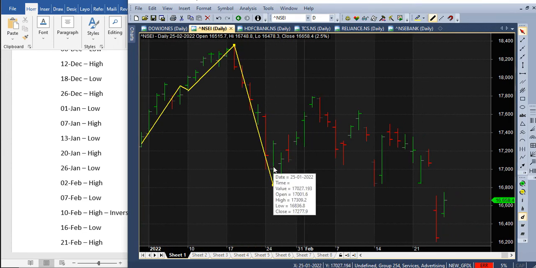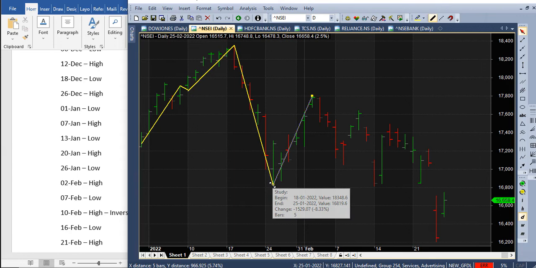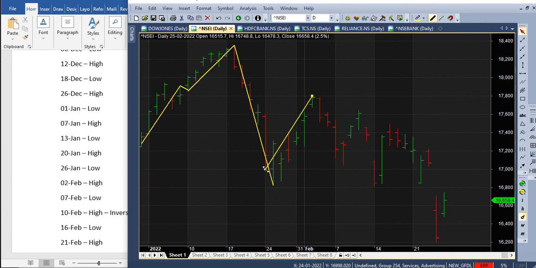Then 26th of January is low, then 2nd of February is high. We have a high here on 2nd of February. But now look at this. What if I move this trend line over here?